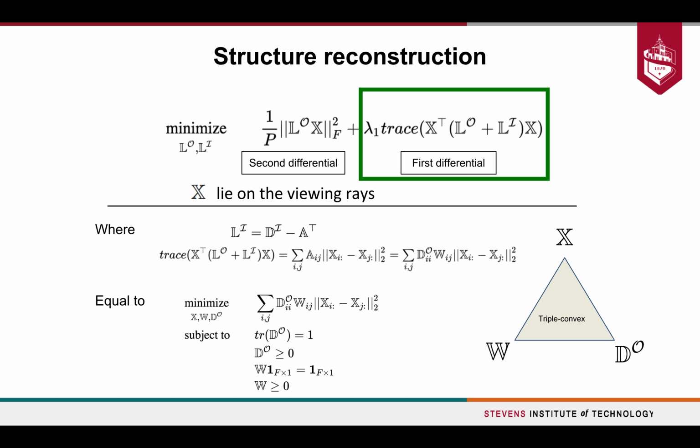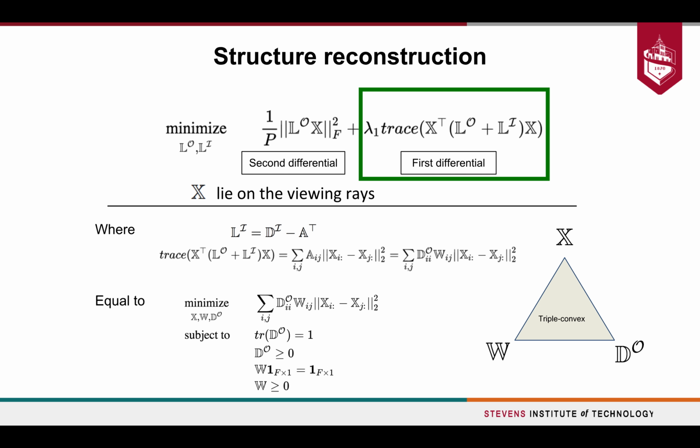We can use alternating convex search to solve it. The second part is our definition of the quadratic Laplacian form for the multi-dimensional directed graph. The simplest quadratic form is for the undirected graph.